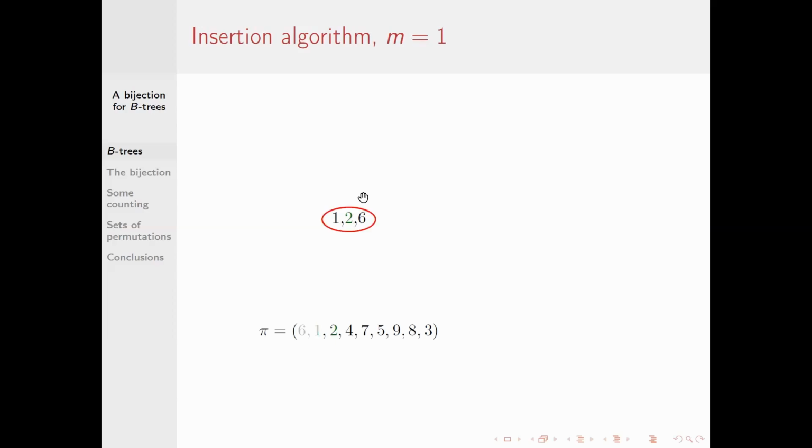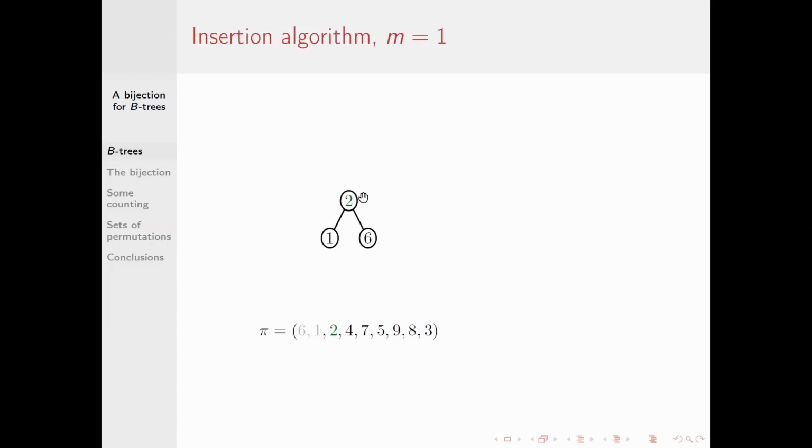Now the next key goes in the middle because it's between the two, but now we have a problem. Now we have 3 keys in the same node. This is not allowed, so we need to split it. What we do is we take the middle element and pull it up, and then everything to the left of the middle element gets its own node, and everything to the right gets its own node. So afterwards, it will look like this.